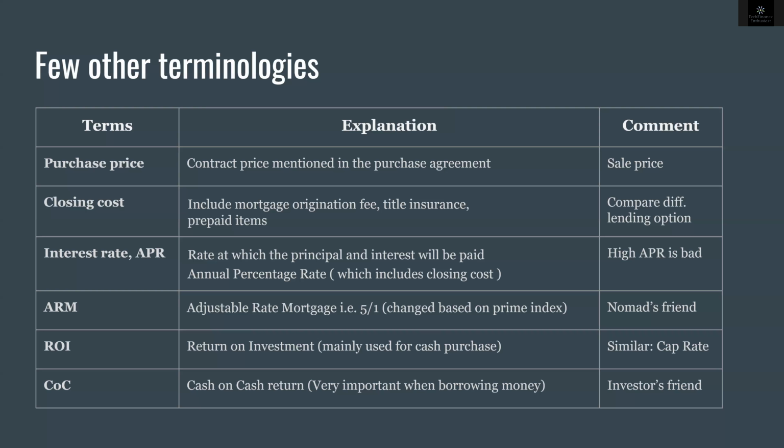For example, you are buying a property with a 100,000 purchase price, and you are putting only 20,000 down payment, and maybe your closing cost is 5,000. In that case, the total expense you are paying is 25,000, 20,000 down payment and 5,000 closing cost. So you want to calculate the return based on 25,000, not the actual price, since you didn't pay the whole 100,000 for the property.